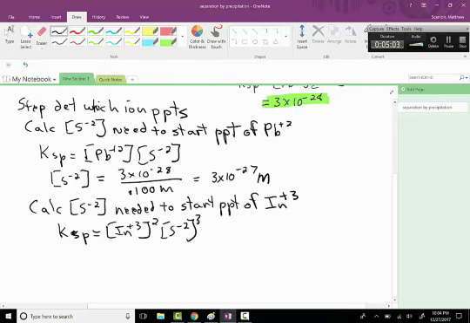When I do that, I get the concentration of sulfide minus 2 will be equal to the cube root of the KSP divided by the concentration of indium plus 3 squared.